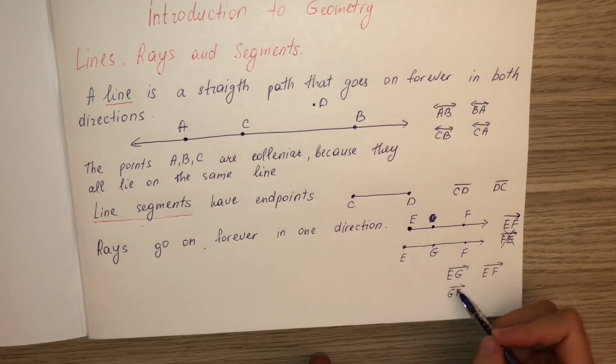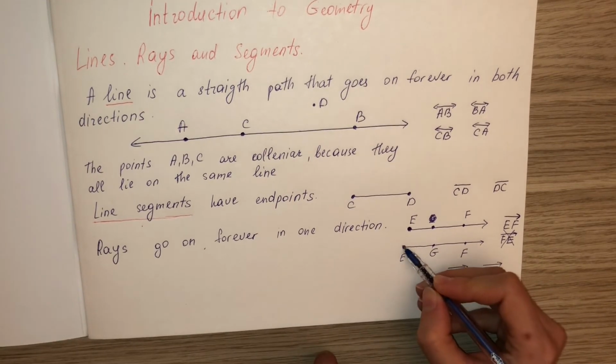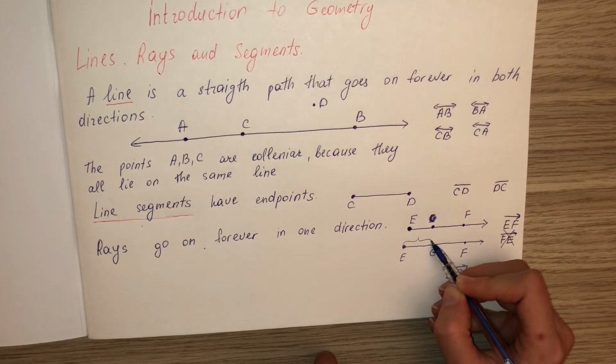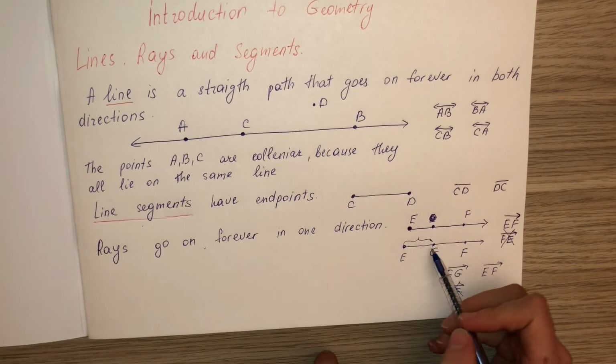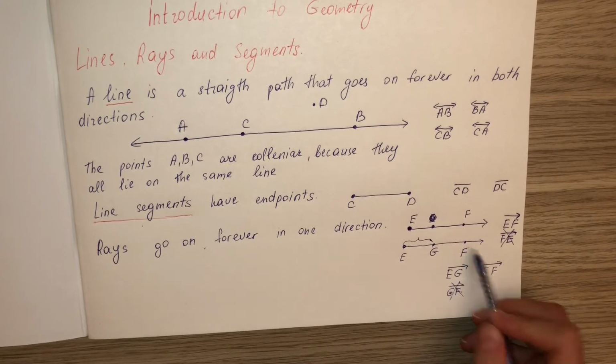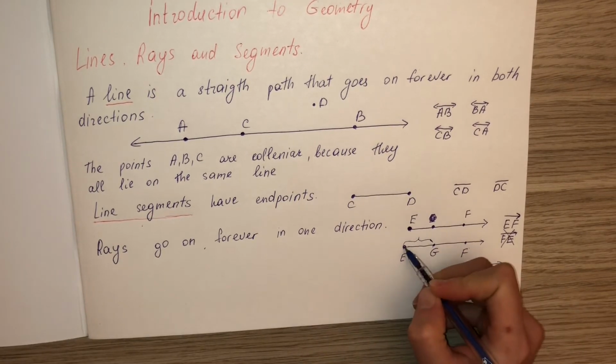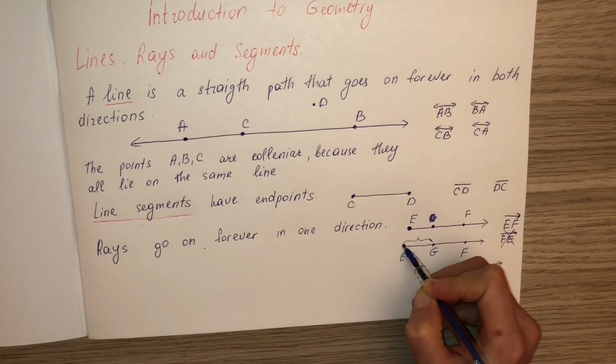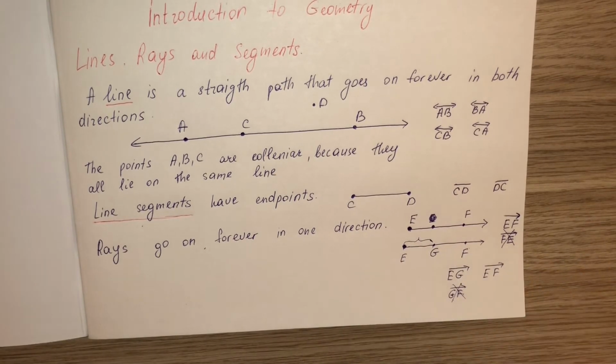Because then we miss this part. This part should take part in our name. So GF is not correct. We can start with the endpoint and name this ray.